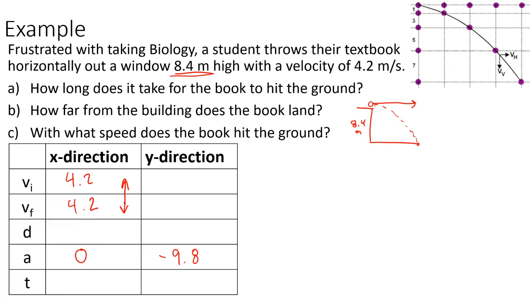If this is our start and this is our end, our displacement in the y direction is going to be downwards, 8.4 meters. So in the y direction, it'll be negative 8.4 meters. I'm going to leave units out of the VIFDAT data just to keep it clear, but we know that velocity is meters per second, displacement meters, acceleration meters per second squared, and time is always going to be in seconds. The other thing that we know is that time is always going to be the same, right?